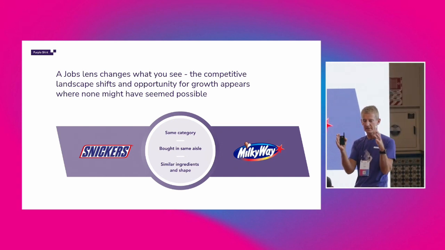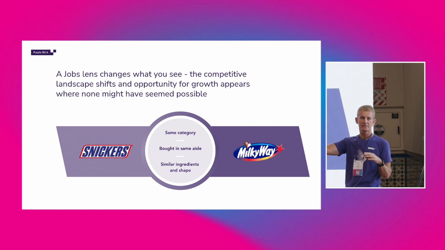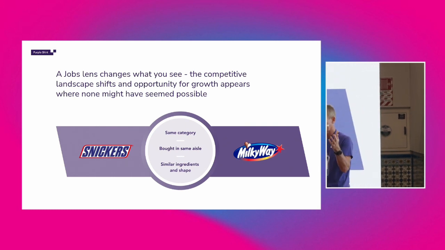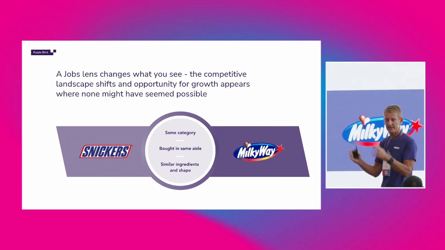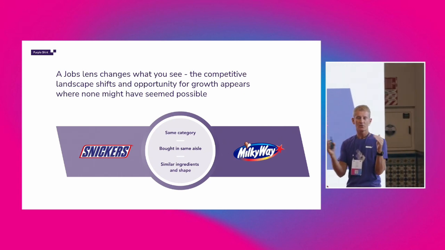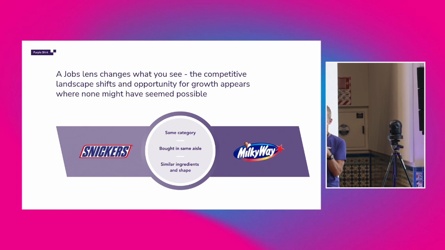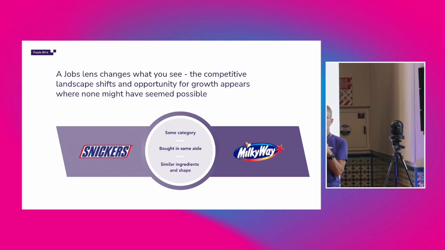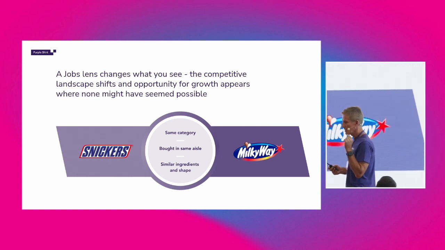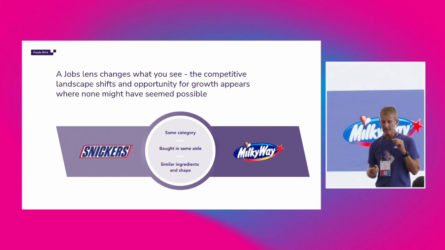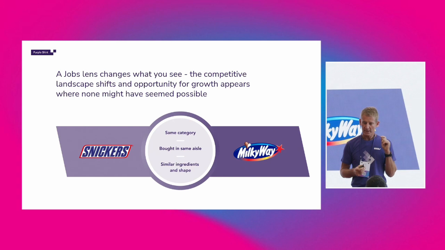There's a car category, there's a bike category, there's a bus category. But interestingly, all of those different categories are actually solving a job, which is how do I get from A to B? So when you bring a jobs lens, it very often helps you completely redefine a market.